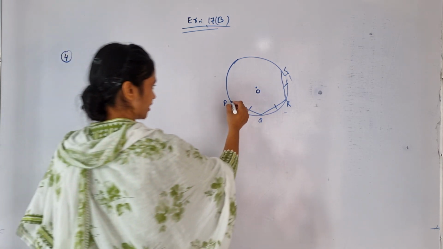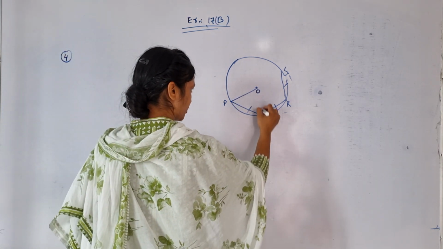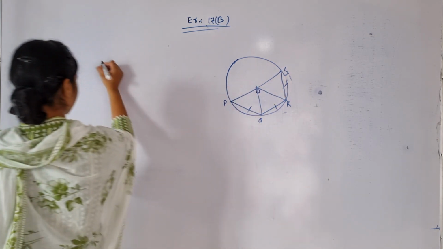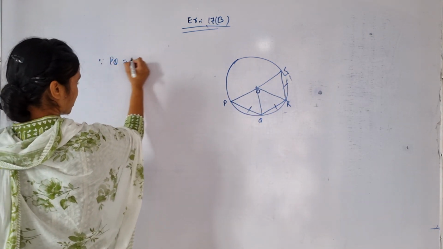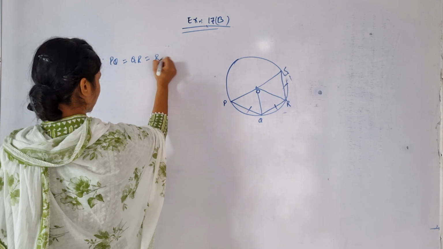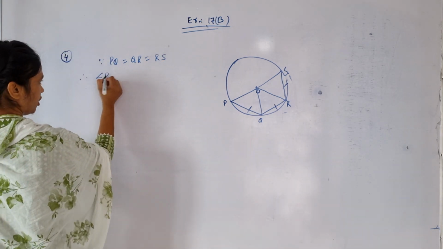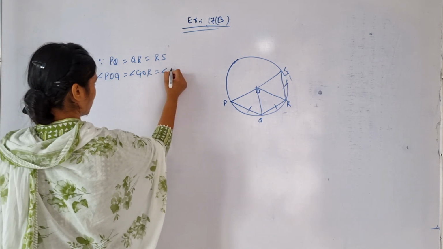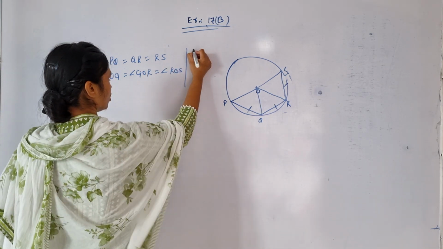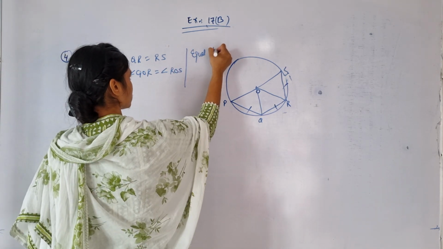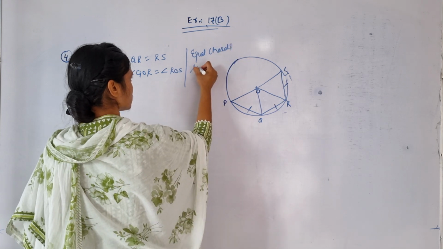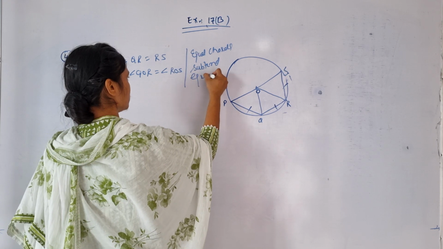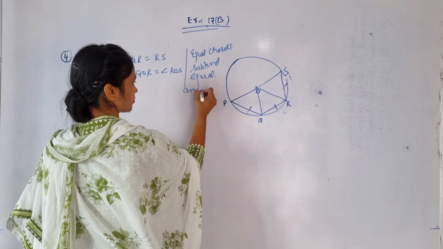Means the angle subtended by these chords at the center of the circle will be the same. You can write, because PQ is equal to QR is equal to RS, therefore angle POQ is equal to angle QOR is equal to angle ROS. Equal chords subtend equal angles at the center.